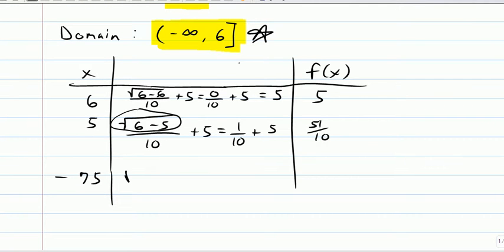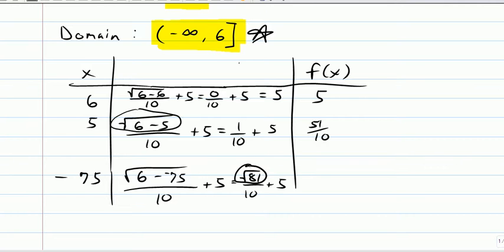We get the square root of 6 minus negative 75, over 10, plus 5. That's the square root of 81 over 10 plus 5. The square root of 81 is 9. 9 tenths plus 5, which is 9 tenths plus 50 tenths, is 59 tenths.